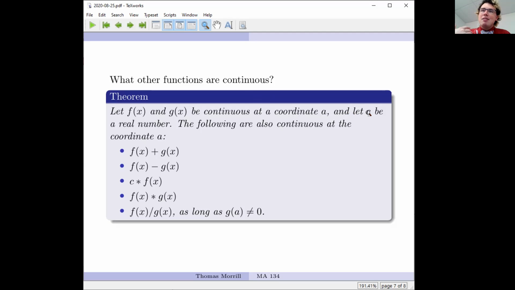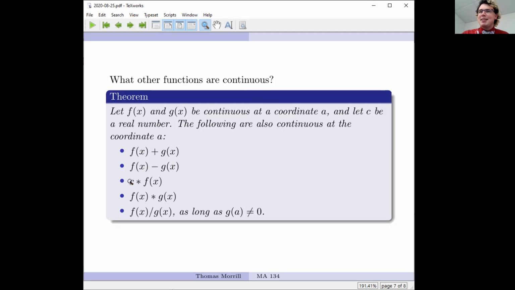And I have 5 new formulas of different functions which will also be continuous at the point x equals a. The first formula is that f of x plus g of x is continuous. The second is that f of x minus g of x is continuous.